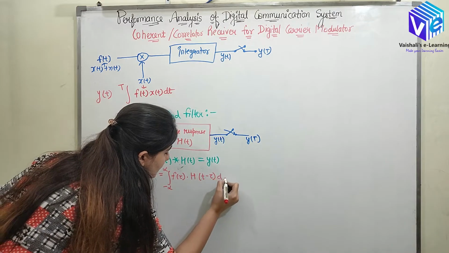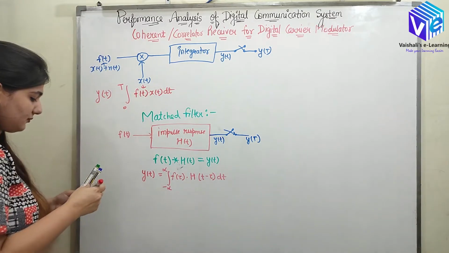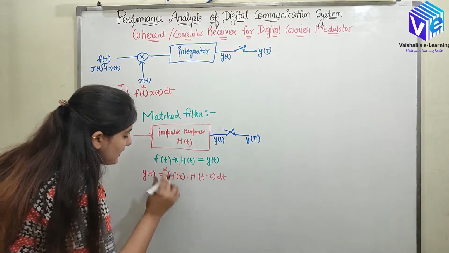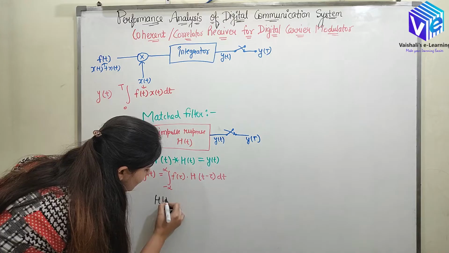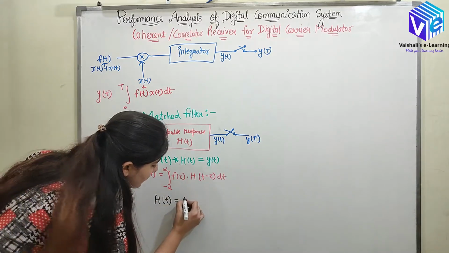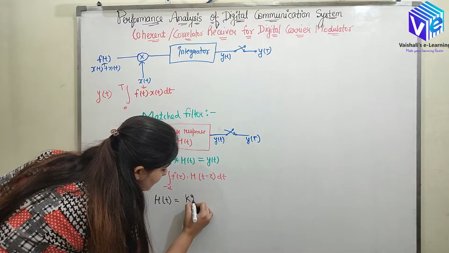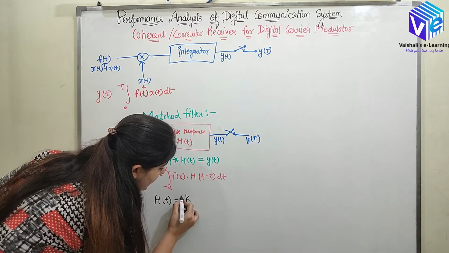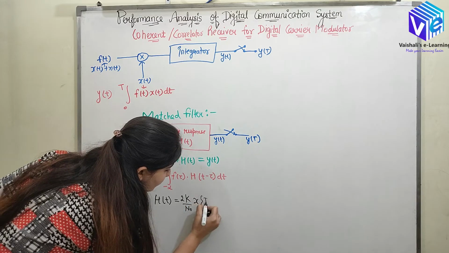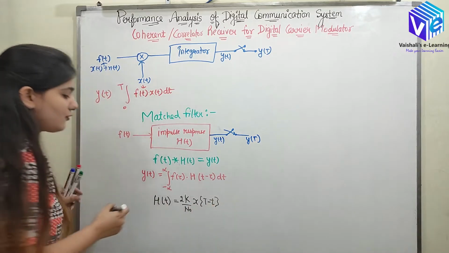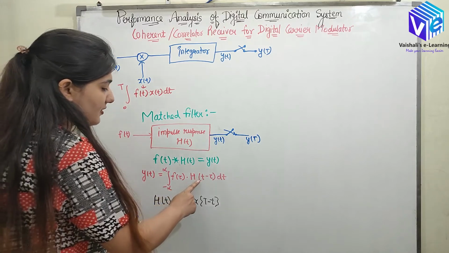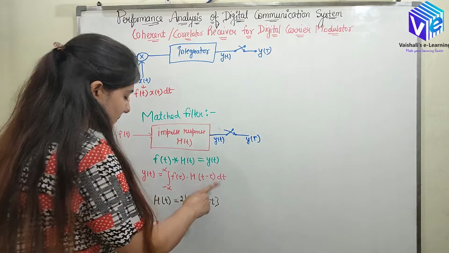minus tau) d tau. Now if I need to find h(t), I already discussed the transfer function in the time domain of the matched filter, which was equal to 2k by N0 x(T minus t). But here we need the transfer function in terms of t minus tau.